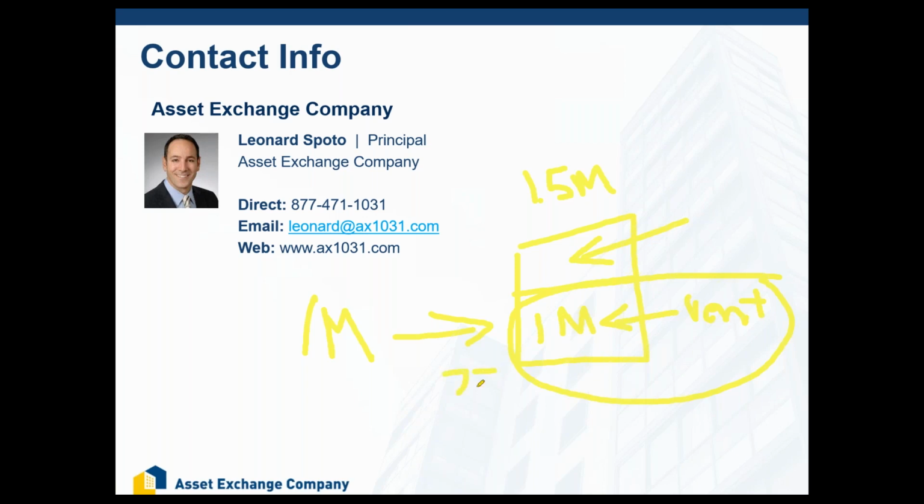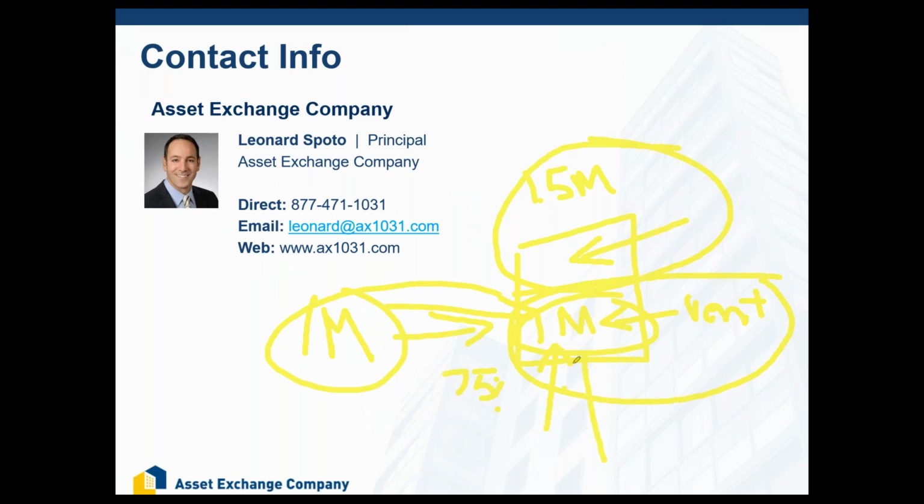What is that? 75% of the property. And he needs to collect rent from his daughter because it needs to be an investment for him. So yes, he can buy with his daughter who lives in the building, but your client, the exchanger, needs to own a percentage of this property worth what he sold, and he needs to collect rent for that percentage.